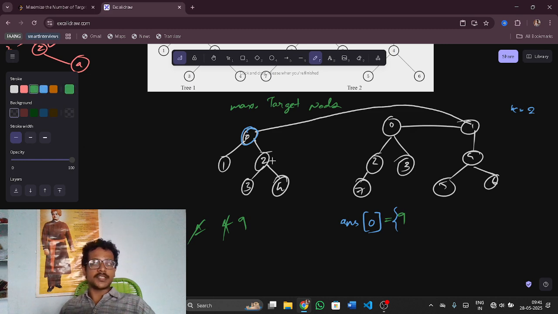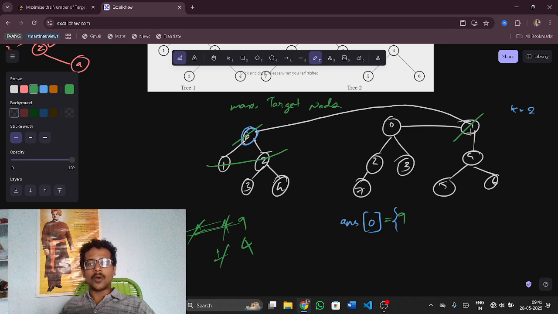Now let us check. I have at a distance of 0 only node 0, and let us see, 1 is till now the target nodes. Now at a distance of 1, we have 1, 2, 3, right? Totally 3 at a distance of 1. Now 1 plus 3 will give us 4.